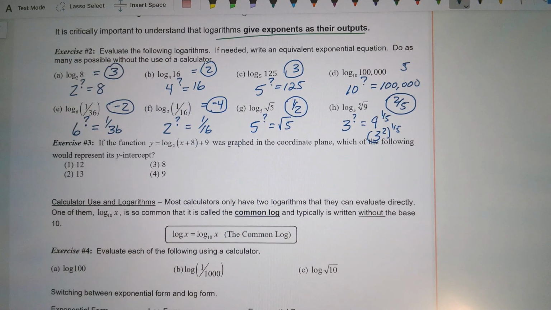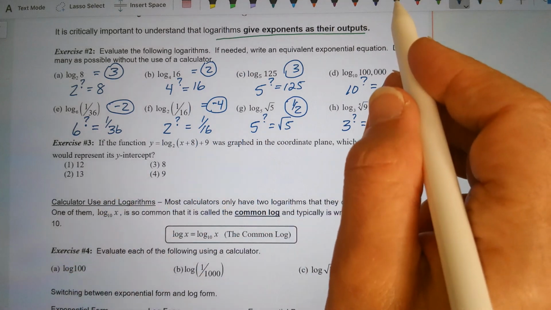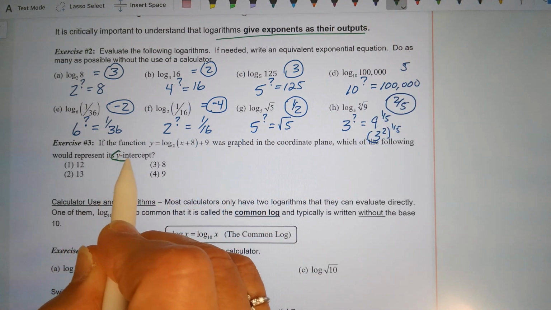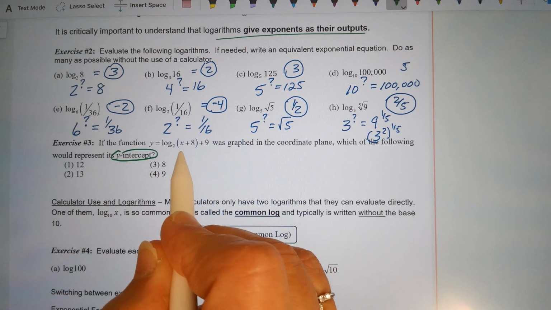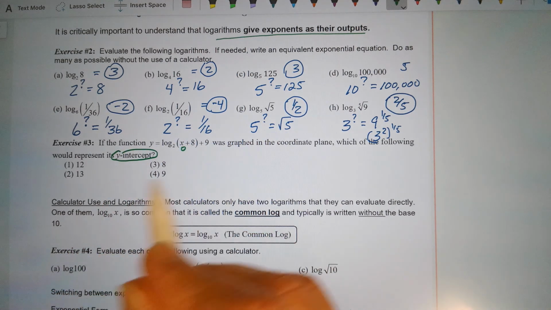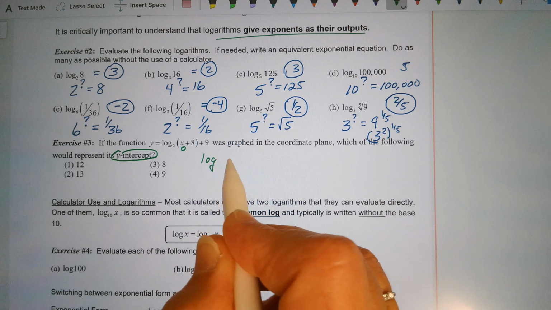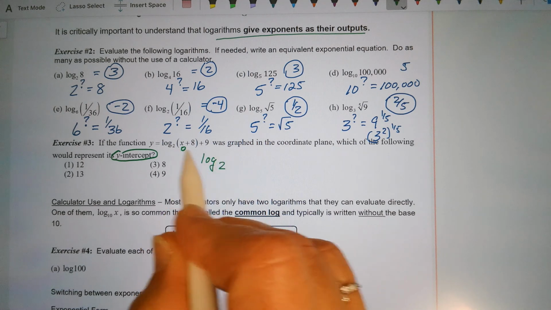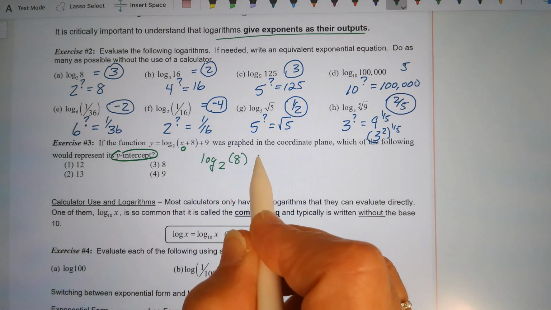If the function y equals log base 2 of x plus 8 plus 9 was graphed in the coordinate plane, which of the following would represent its y-intercept? Well, we know for y-intercept, we substitute 0 in for x. So if we put 0 in there, log base 2 of 0 plus 8 is 8.